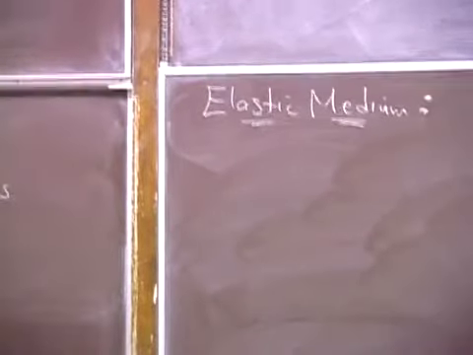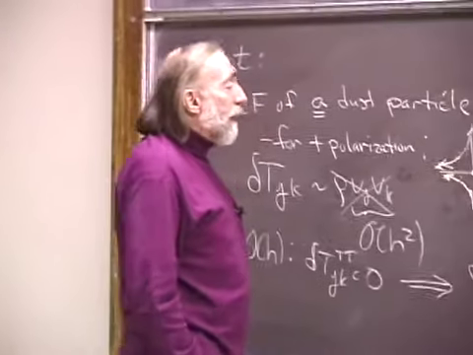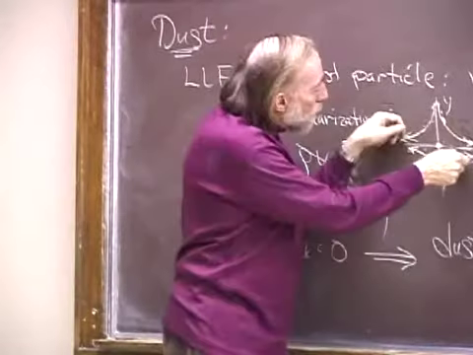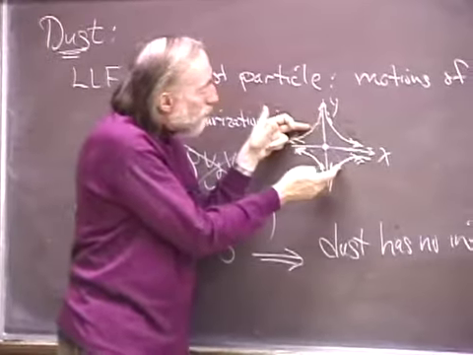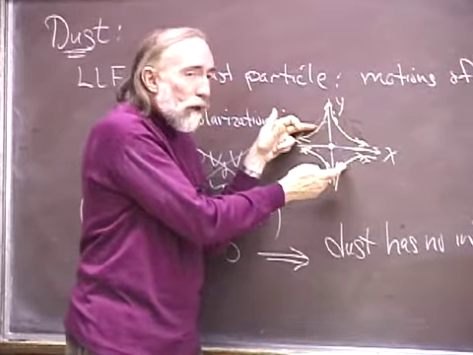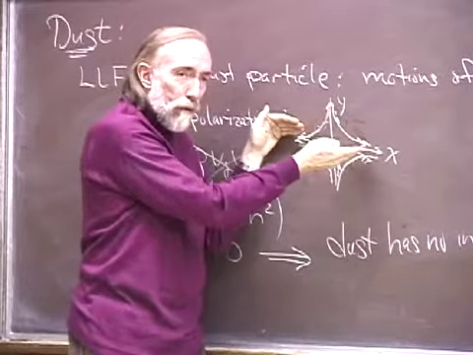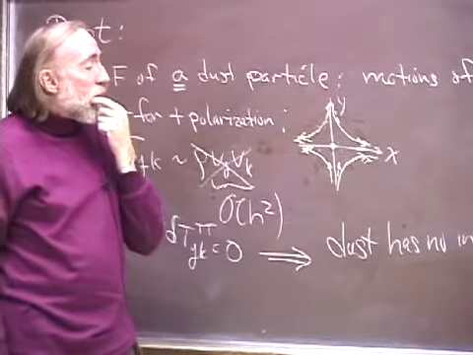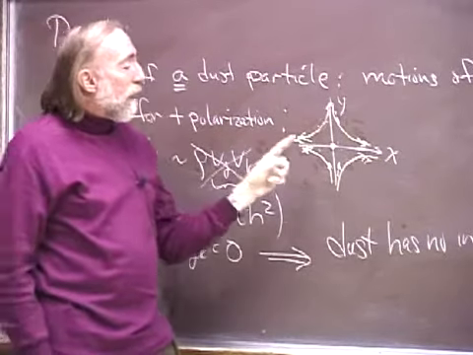I claim once again, and for essentially the same reason, that in the case of an elastic medium, where these motions, instead of producing a shear force, just produce an elastic restoring force, there will be no net force acting on any fluid element.